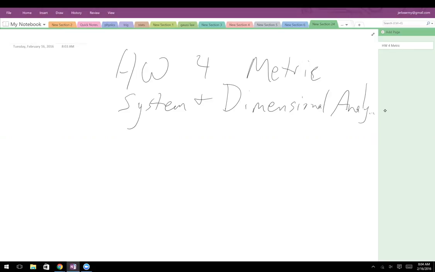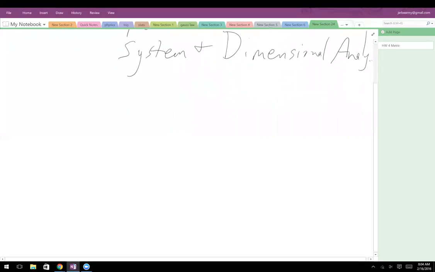But the metric system, I think most of y'all know these now, but you've got whatever your unit is in the middle, and then you put a prefix on it to tell you whether you're going bigger or smaller. So like the smaller ones, you've got deci, and then centi, and then milli.